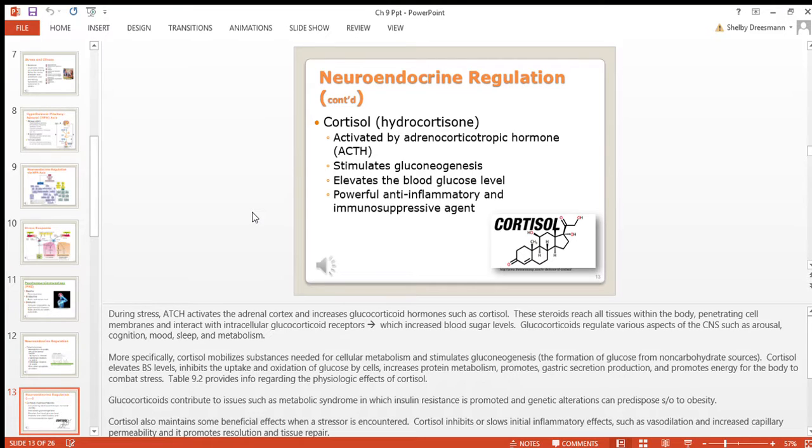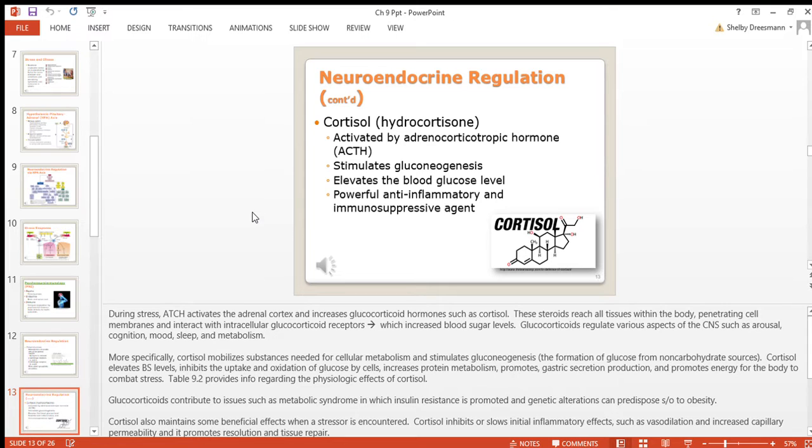Cortisol also increases protein metabolism, promotes gastric secretion and production, and promotes energy for the body to combat stress.